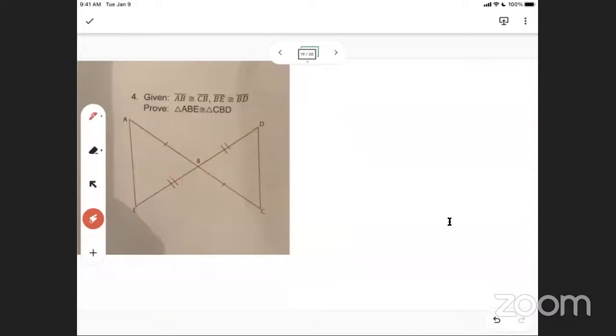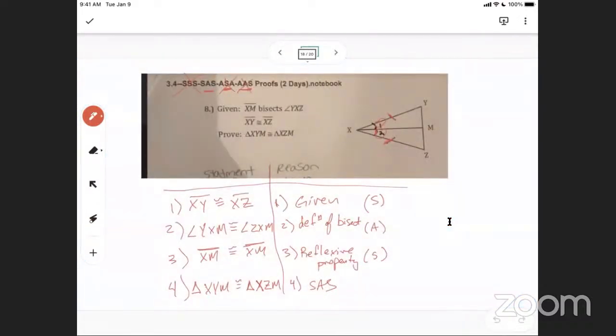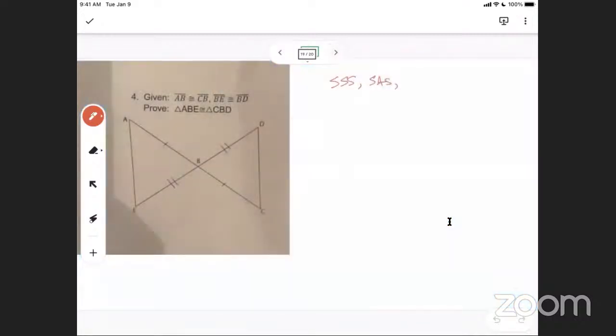What do I need? What are my other options? I could either do side, side, side, or I could do side, angle, side. Those are the only ones that have two sides, aren't they? Either side, side, side, or side, angle, side. So what am I going to do?